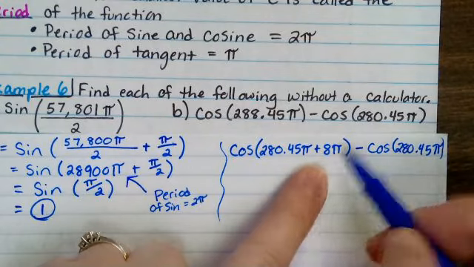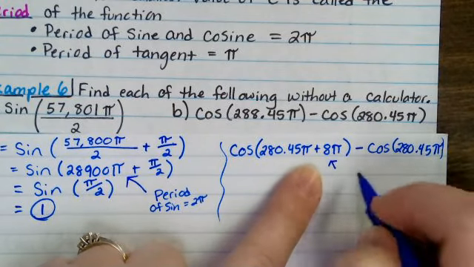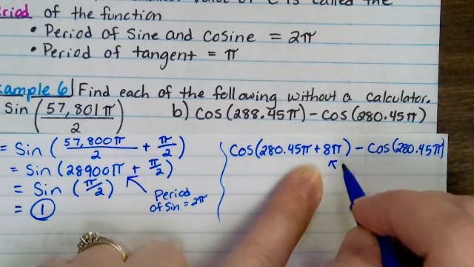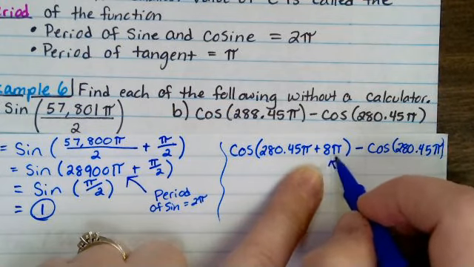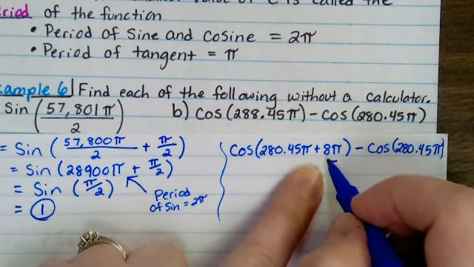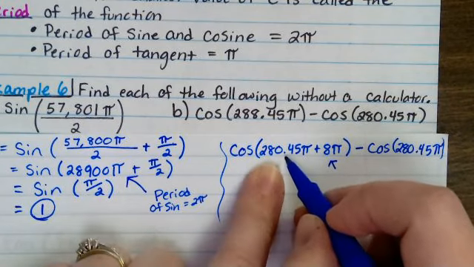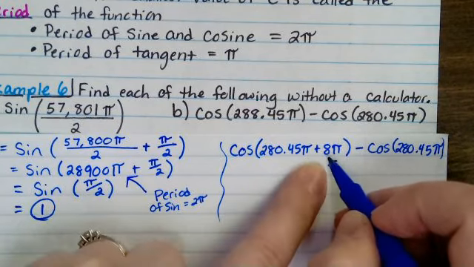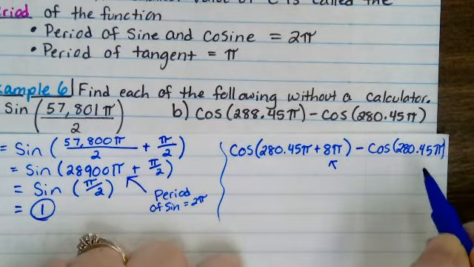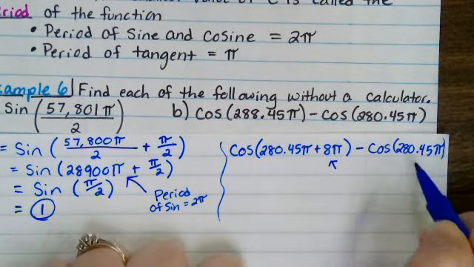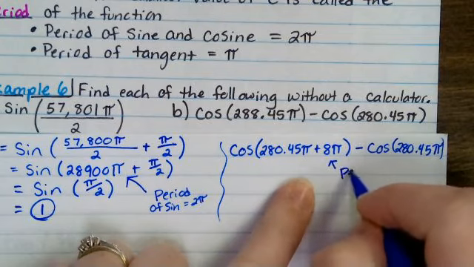This guy just has an extra 8 pi, but what I want you to remember is that is an even value of pi, which means this is talking about full rotations. It's actually 4 full rotations around the circle. So these angles are coterminal. This one, wherever it falls, it's just 4 more rotations than this other one, but they land in the exact same place.